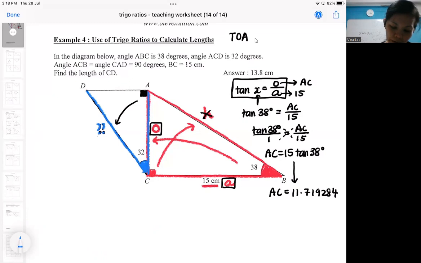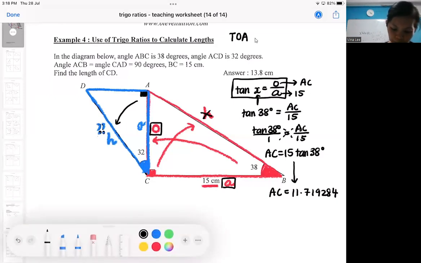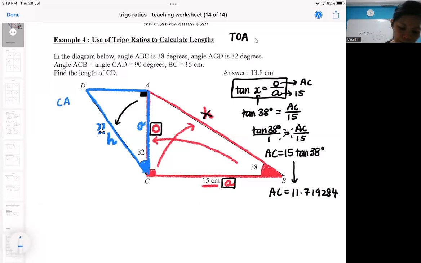So if you look carefully, AC has become the adjacent in this triangle. And you are interested to find H. So A and H, it will be the cosine formula.